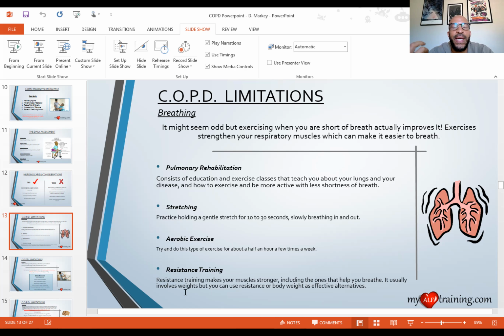That could be our resistance training. This is going to strengthen their muscles, which in turn is also going to help strengthen their lungs. And this is how we're going to break through the limitations that COPD has placed on their breathing. So, these are just some examples of different things you can do with your patient.